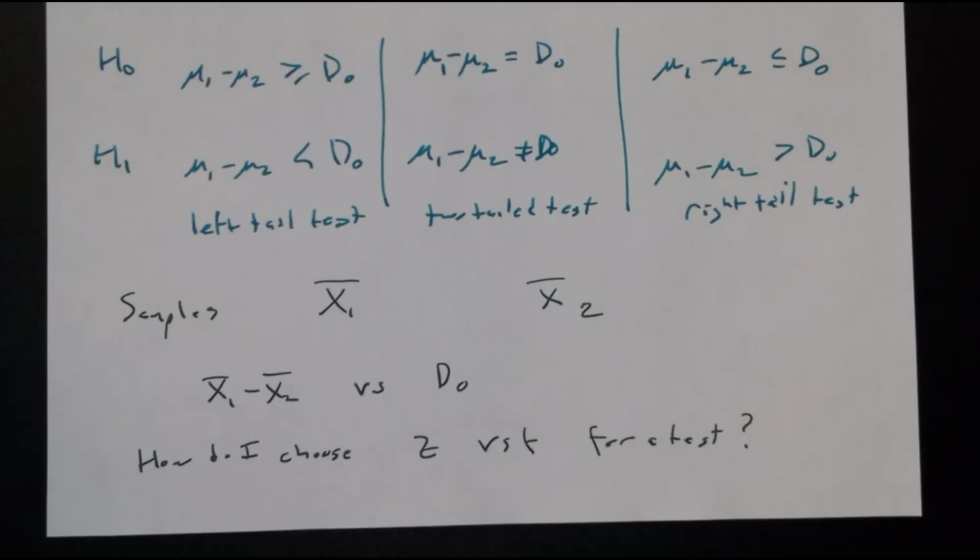Is it population variance? I need to know the variance from the population. And that was sigma, right? If I knew the variance for the whole population, then I could use Z. Otherwise, I had to use S, the sample.